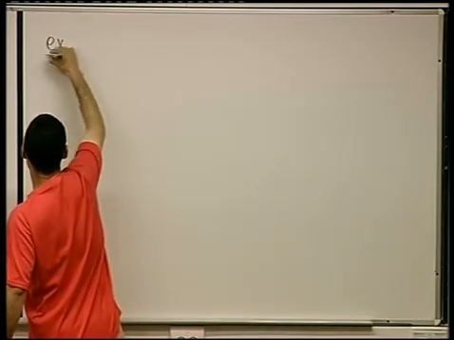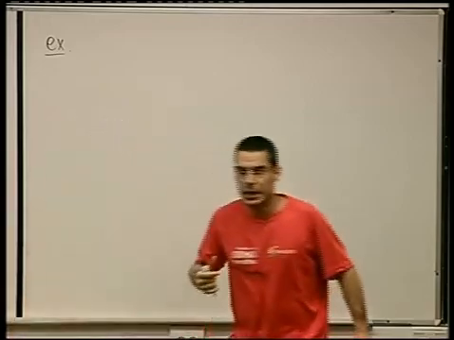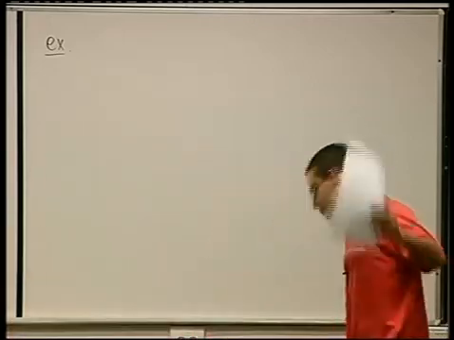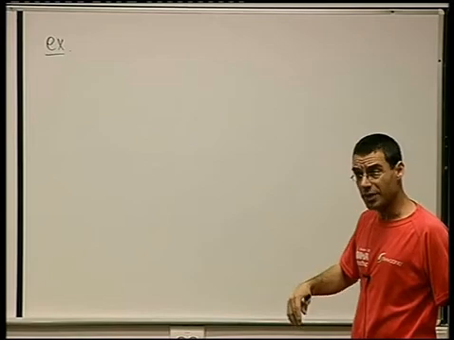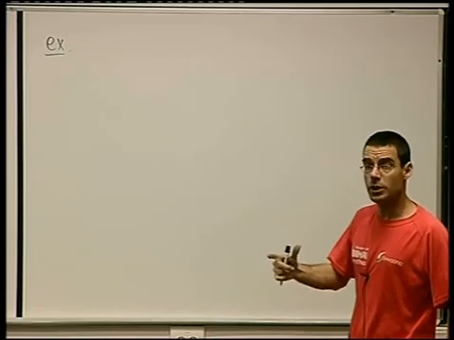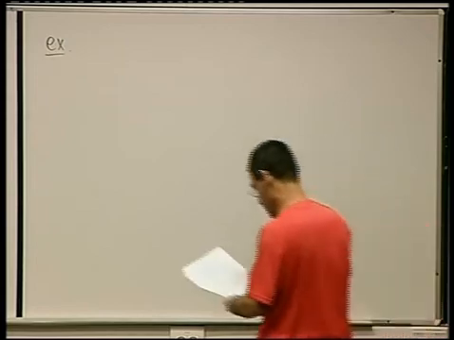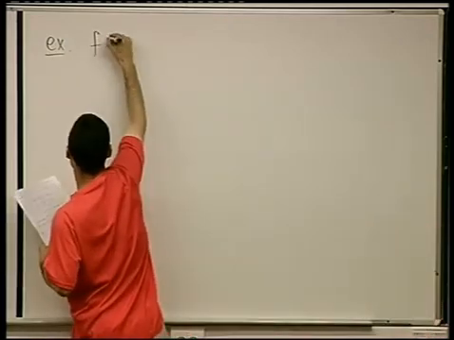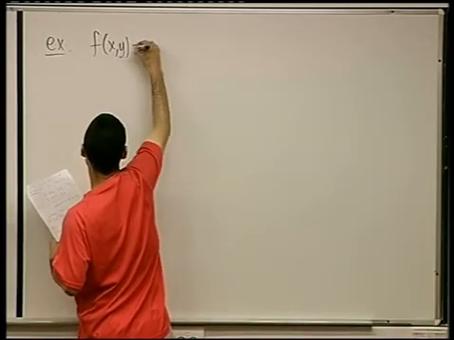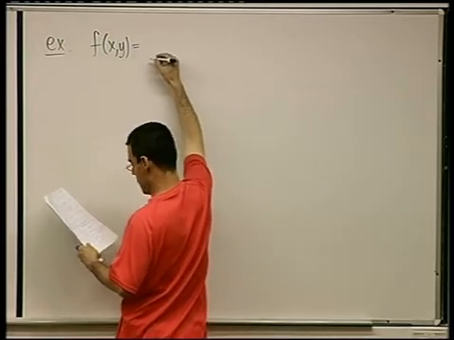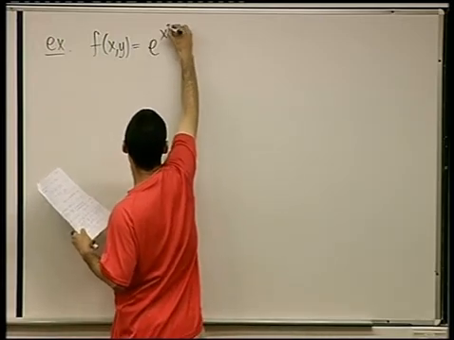Again, I'm going to do an example in which you can solve without the chain rule. You can just go ahead and compose and take the derivatives, but I want to do it using the chain rule, and then we'll check ourselves the short way. Okay, so here are the functions. f(x,y) is going to be e to the power x squared y.